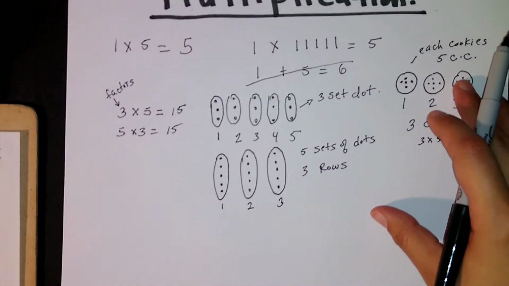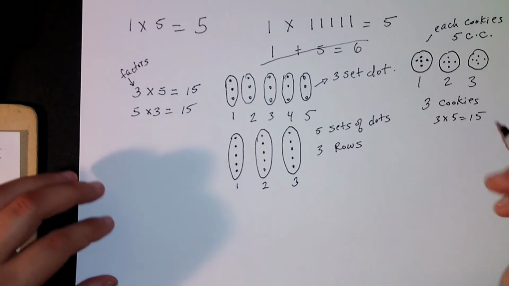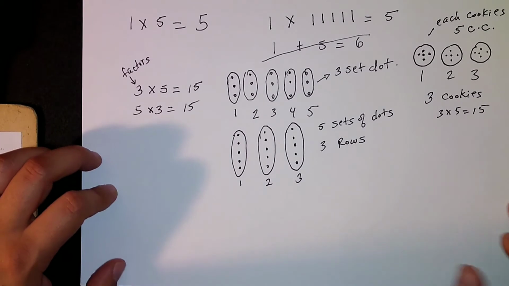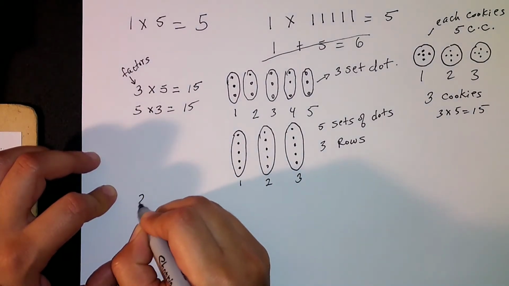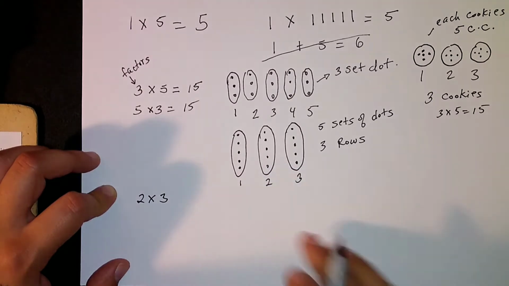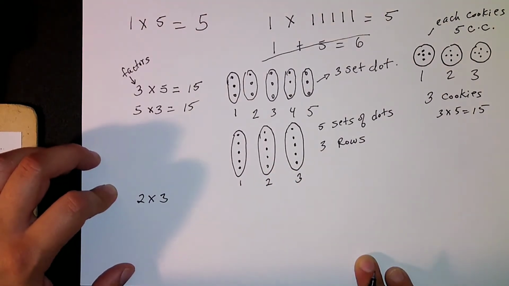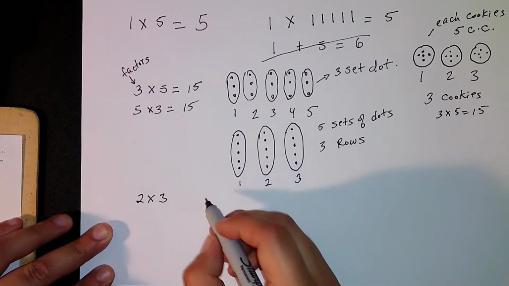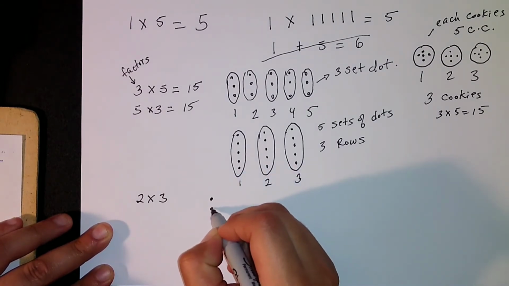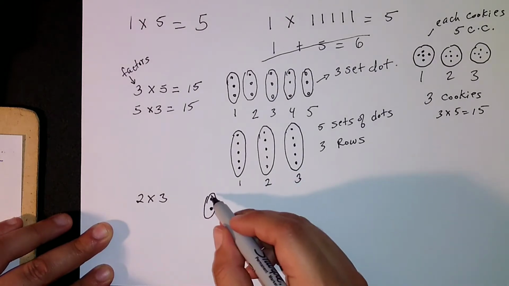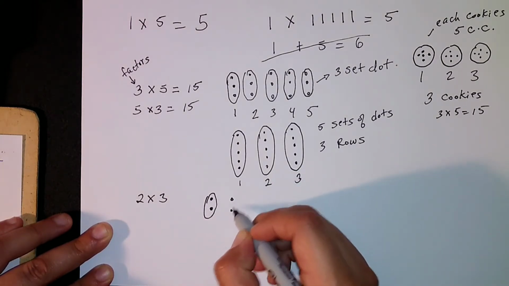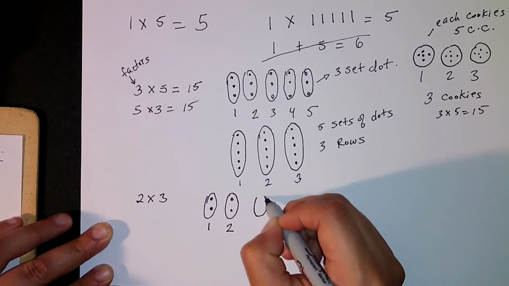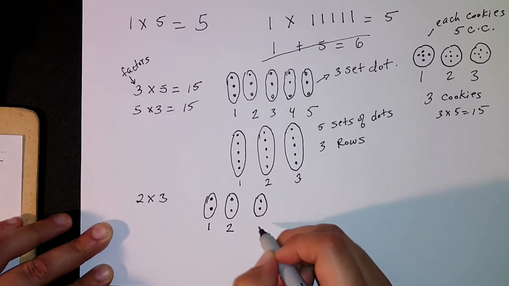Now let's work on another example here. Let's just say, for example, 2 times 3. Working the same way with rows and with dots, we have row 1 with 2 dots, row 2, and row 3 with 2 dots in them.